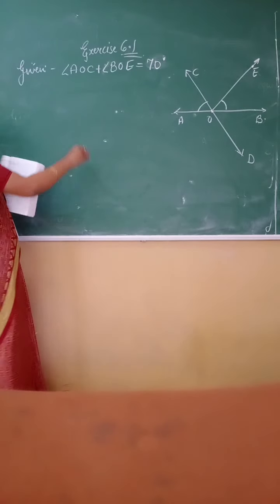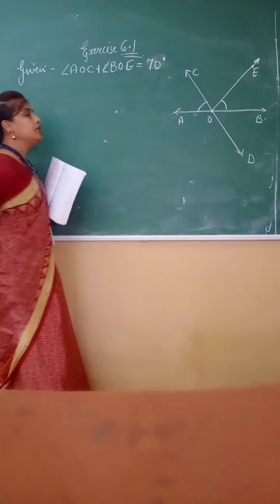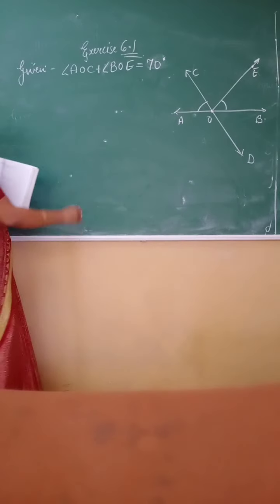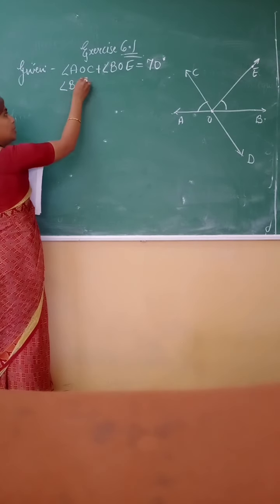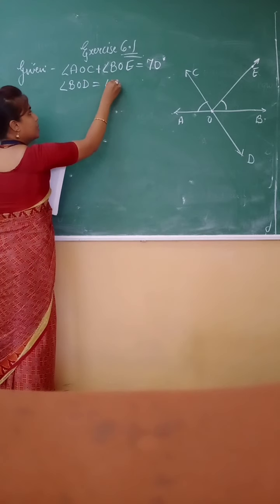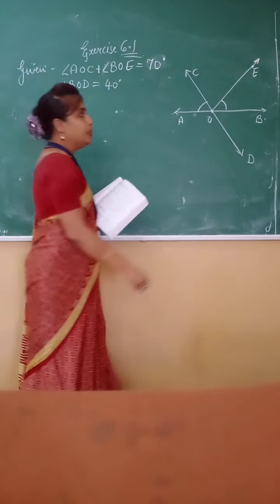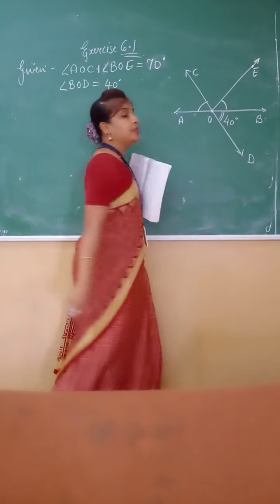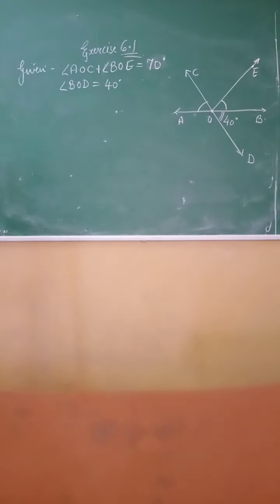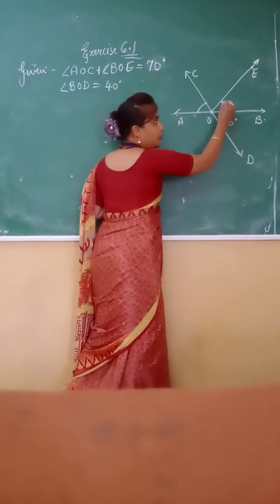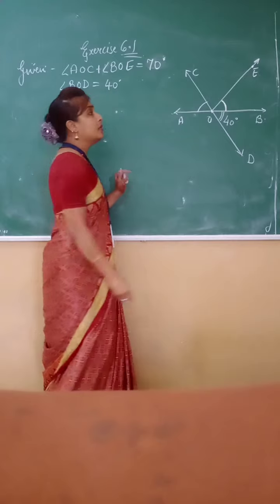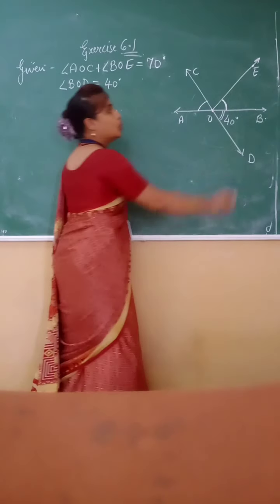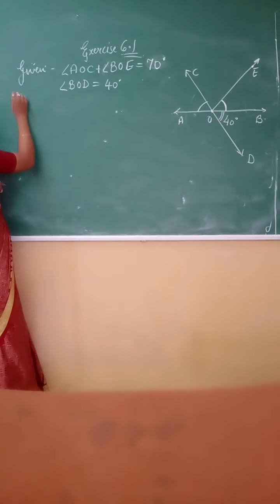The sum of angle AOC and BOE is equal to 70 degree, and angle BOD, the measurement of this angle, is given as 40 degree. Then we have to find here angle BOE and reflex angle COE. Two things you have to find.